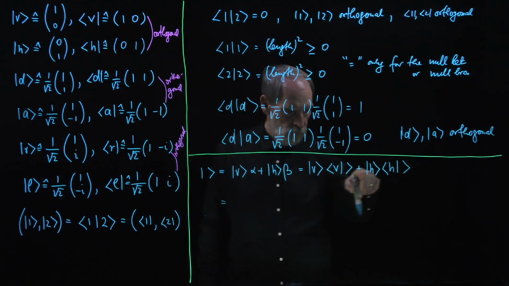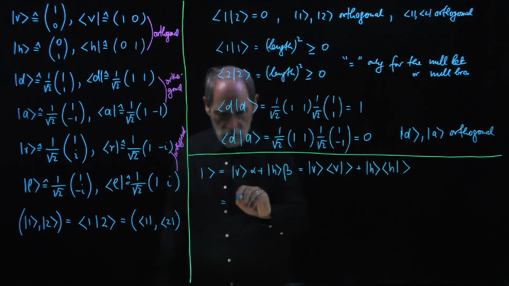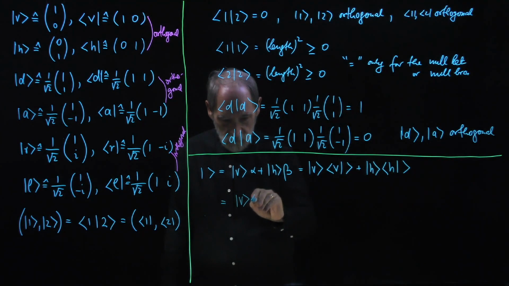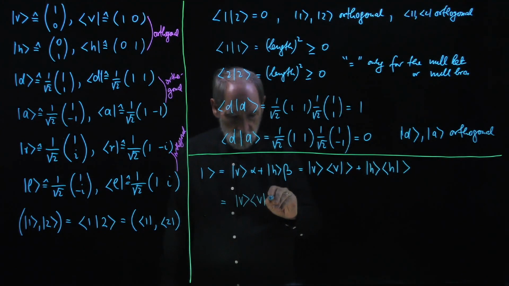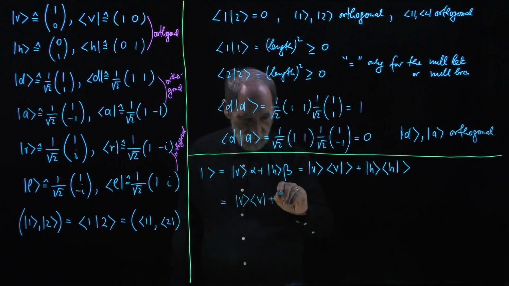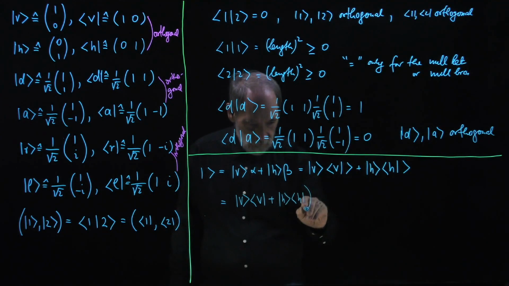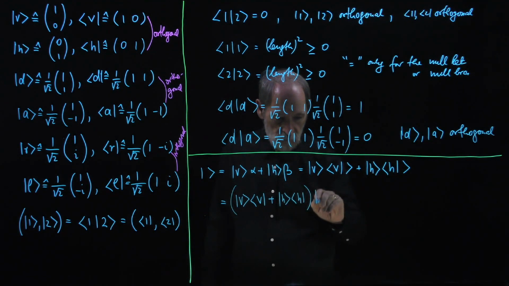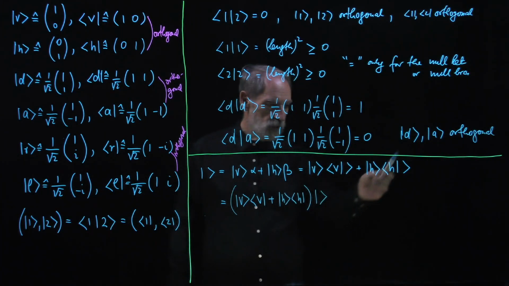If I now write this in this way, I take the product of ket vertical bra vertical, the product of ket horizontal bra horizontal, and then I multiply the sum of these ket-bra products with the generic ket.